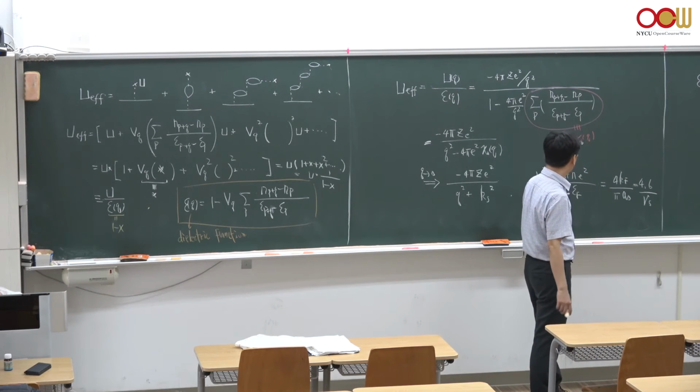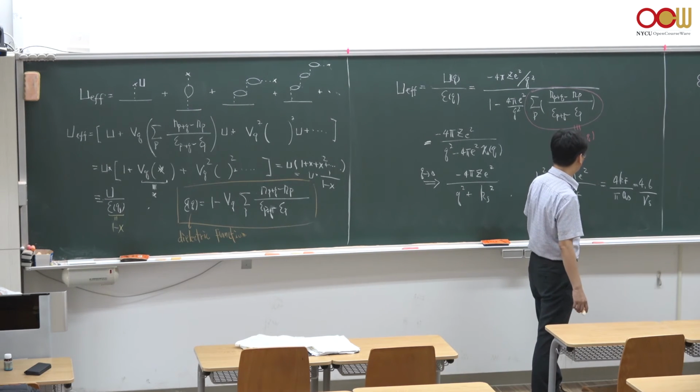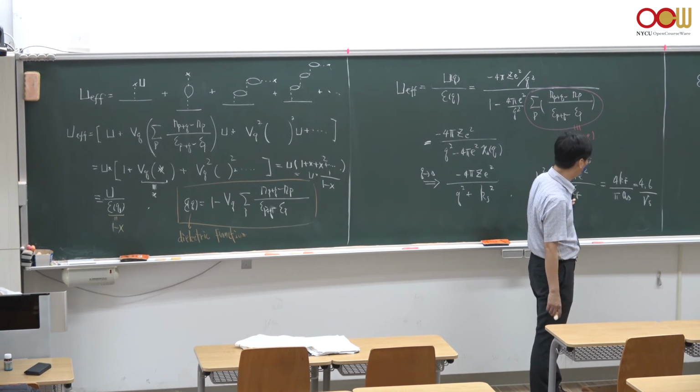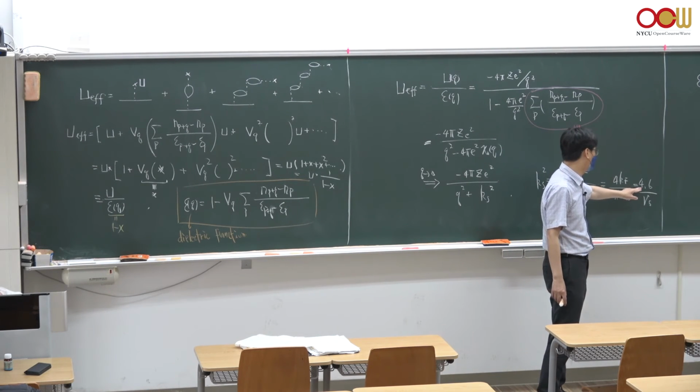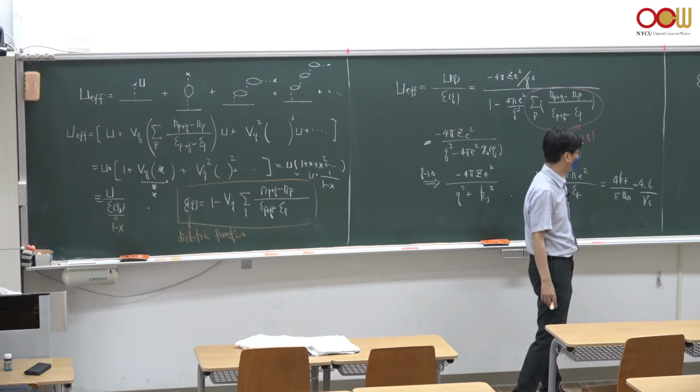But this is the quantum mechanical version of the Thomas-Fermi screening wave number, which is given by 6 pi n e squared divided by the Fermi energy, and in terms of Rs, this is approximately given by 4.6 divided by Rs.